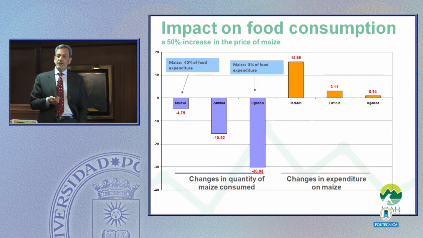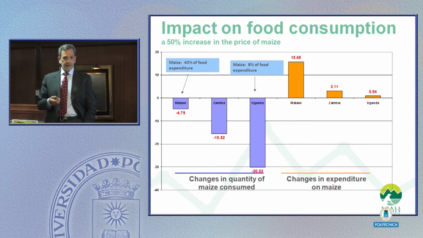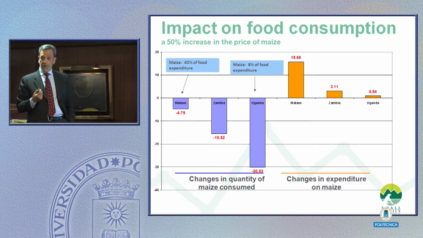A 50% increase in the price of maize, and the demand goes down only by 5%. The diet is not diversified. About 40% of their food expenditure goes to maize. In Uganda, this is not the same story. They have other staples, like sweet potatoes and matoke, which is bananas, and they can diversify very easily. So they do that. The problem is on expenditure.